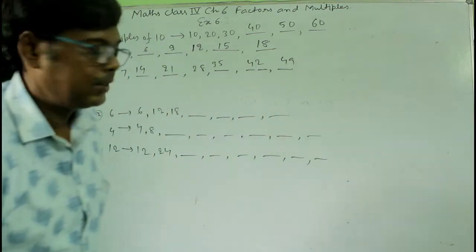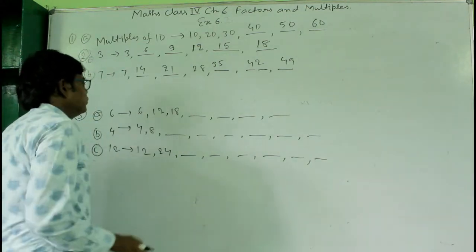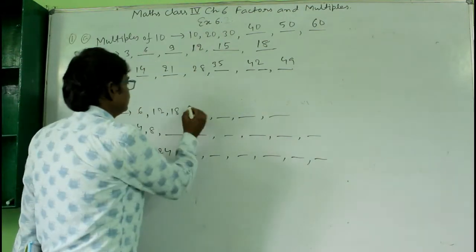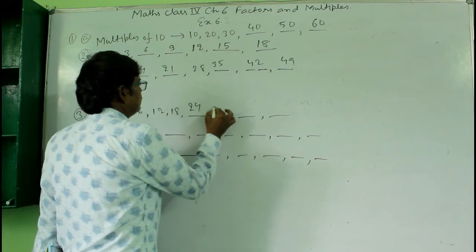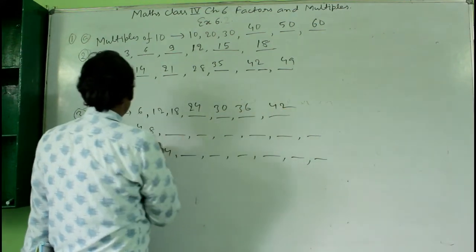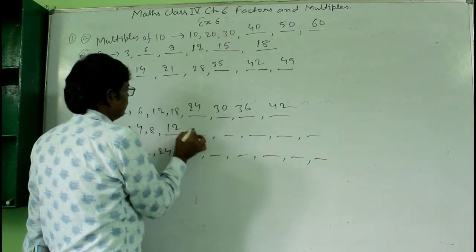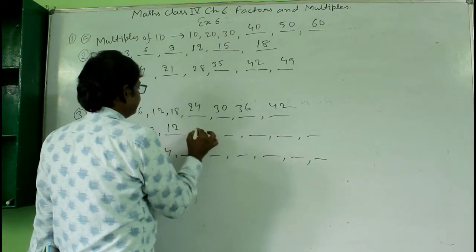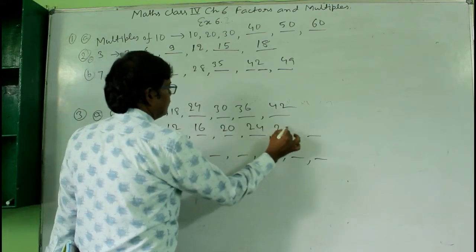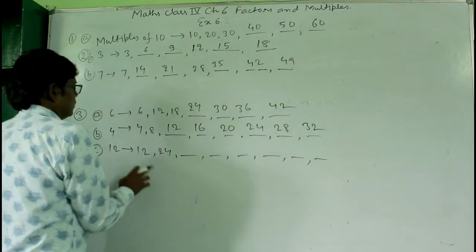See here again, if you write the multiples like 6 1s are 6, 6 2s are 12, 6 3s are 18, 6 4s are 24. 4 1s are 4, 4 2s are 8, then 4 3s are 12. Like this, and then 12.